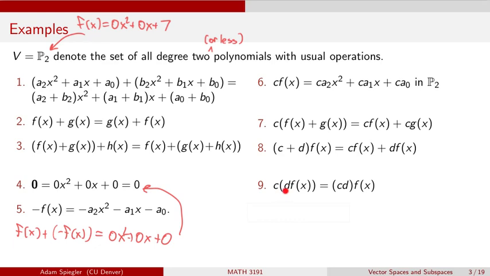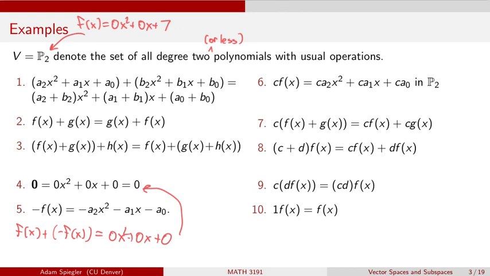We can multiply d times f of x and then multiply by the scalar c, or we can first take the product of scalars c and d and multiply by this quadratic f, and these two orderings of the operations will give us the same result. And then lastly, yes, if I take any quadratic expression and multiply it by 1, I get back that same quadratic expression. So we have a multiplicative identity.